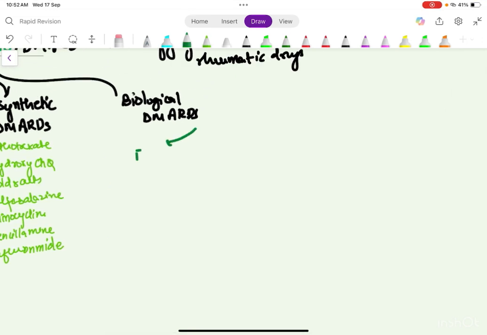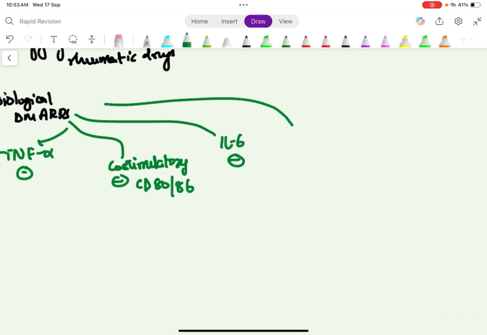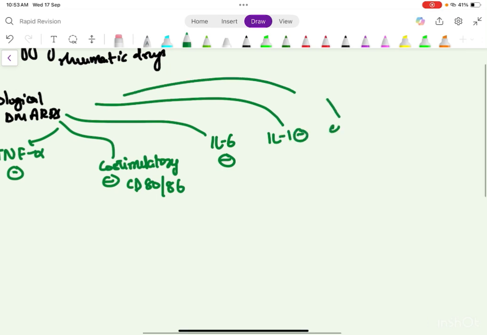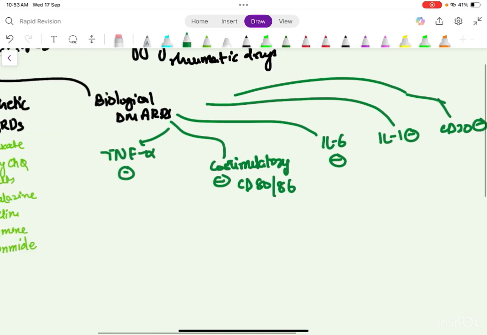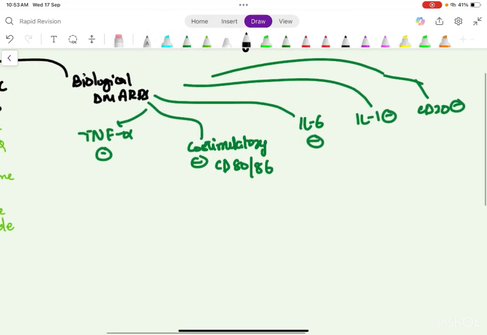Alright, now let's talk about the biologic ones. In this, either you are blocking TNF alpha, or you are inhibiting the co-stimulatory components, that is CD80 and 86. Then you are either trying to inhibit IL-6, or IL-1, or you're trying to inhibit CD20. In TNF alpha, you have to remember the suffix as 'cept' or 'mab'.